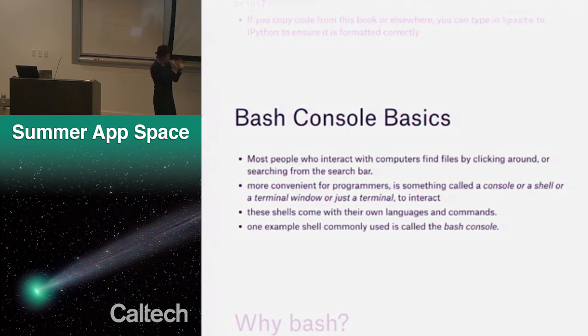These sometimes have subtle differences in meaning, but you'll often hear an experienced computer programmer use any of these terms to mean this. These shells come with their own languages and commands. One example shell commonly used is the bash console. This is the one that we're going to work with in this class.